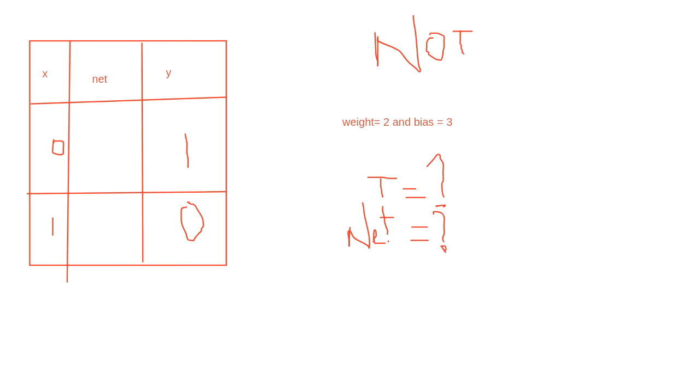So all of you just try this and let me know. Weight here is 2 and bias is equal to 3. I am again writing the formula of your net value: net is equal to W multiplied by X plus B. So use that formula and find out net.